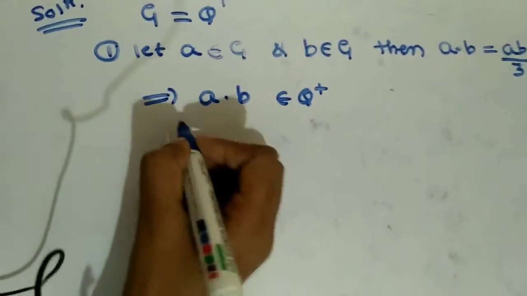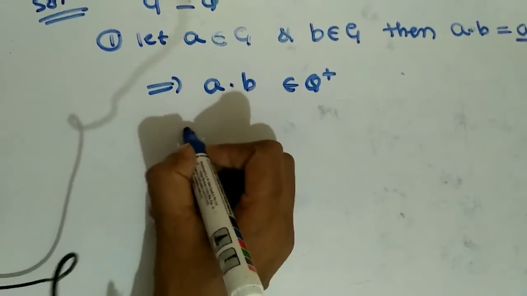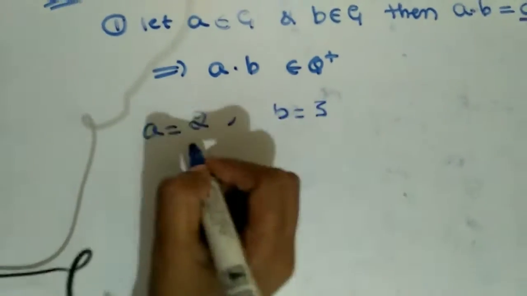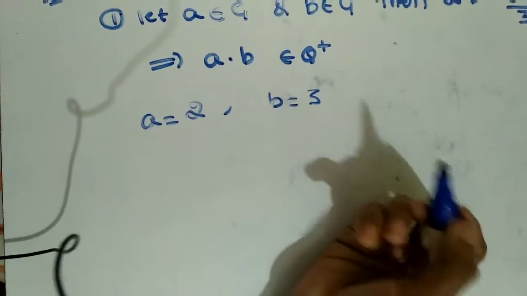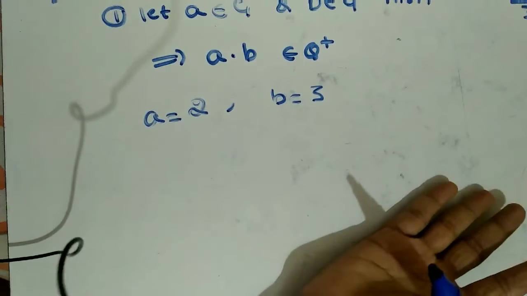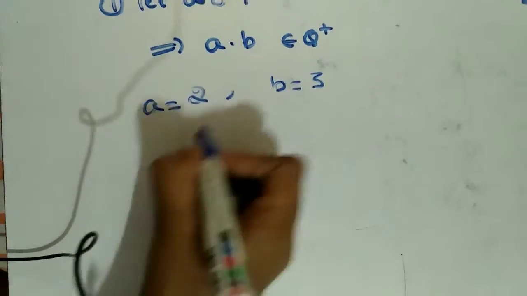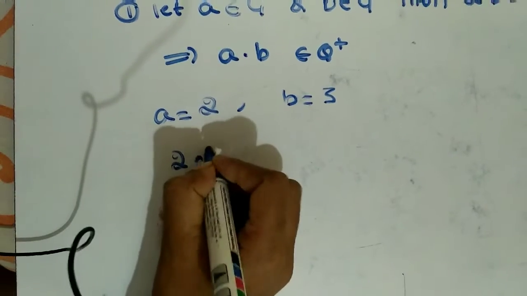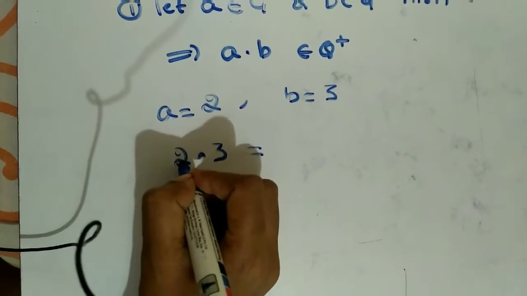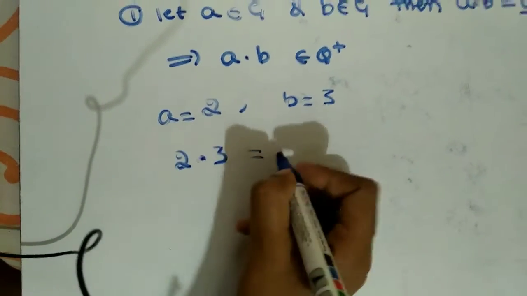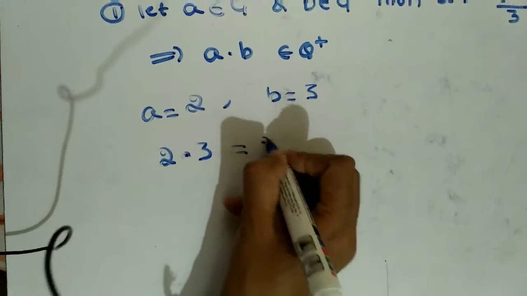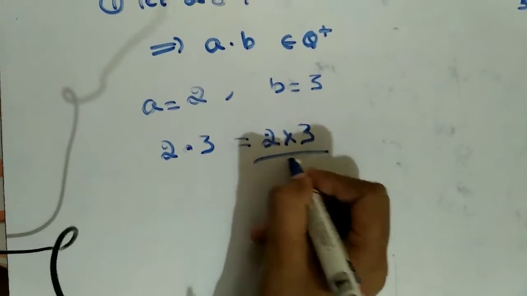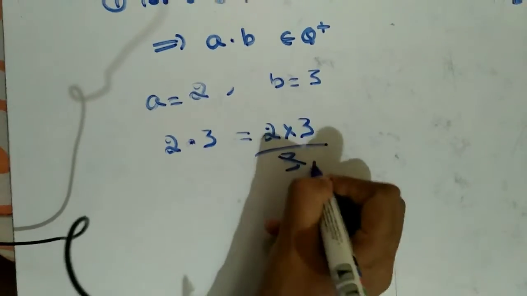It means, just take any 2 numbers, like take a as 2 and b as 3. Whichever numbers you want, you can take and check. So here a composition b is 2 composition 3. By your given definition, a into b divided by 3 is 3 divided by 3, so 3 ones are 3.